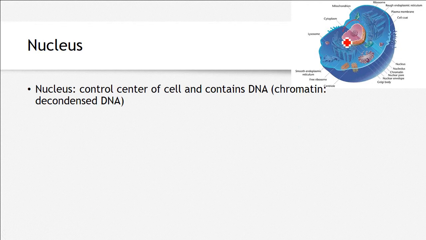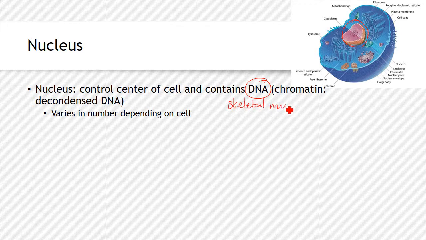The nucleus is once again the control center. It contains DNA, and the number of nuclei varies depending on the type of cell. Skeletal muscle cells, for example, have multiple nuclei.